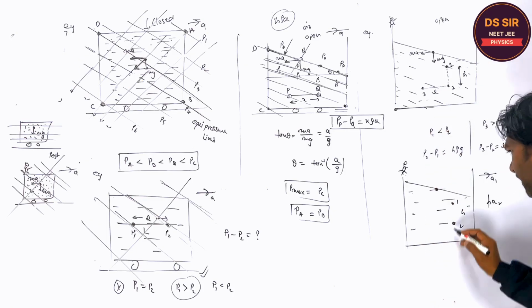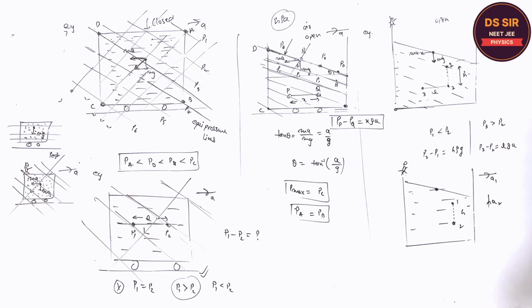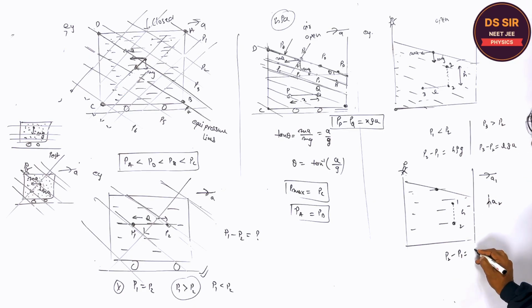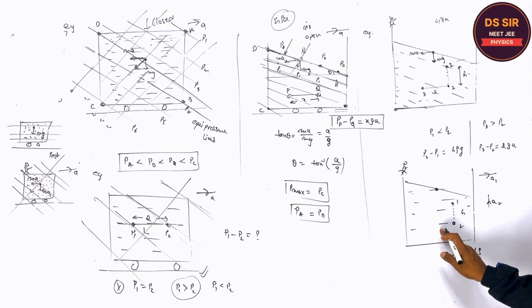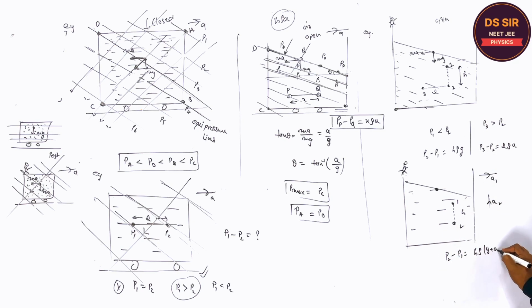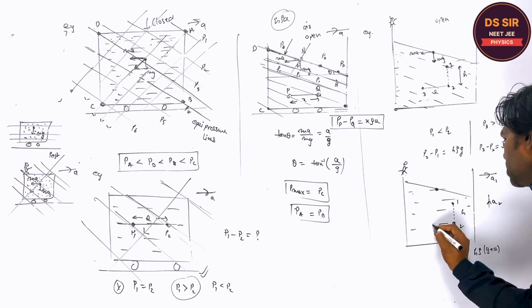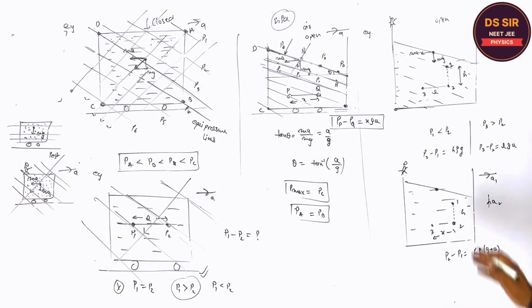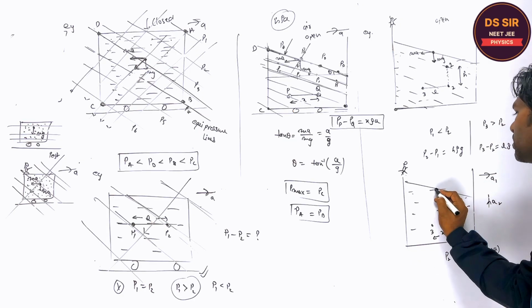So if you consider this direction, g plus A2, so P2 minus P1 is equal to h rho, where rho is the density, and the effective acceleration is g plus A2. Is it clear or not? And if you consider the third point, suppose this separation is x, it is A1, so m A1, right?